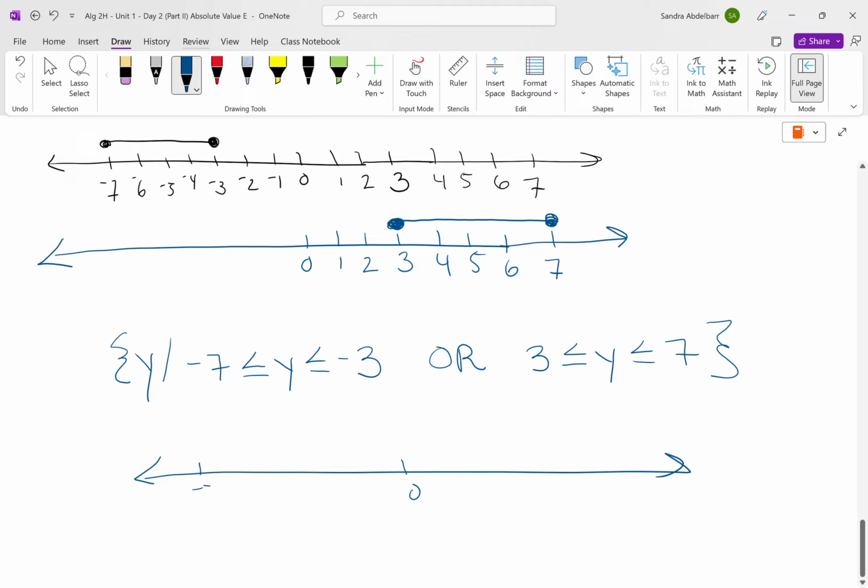The graph would be that. That would be our graph.